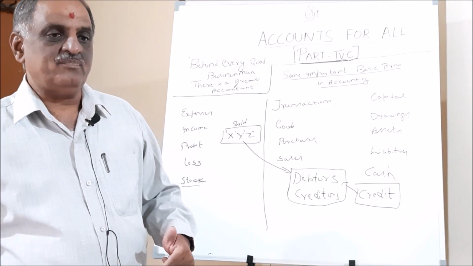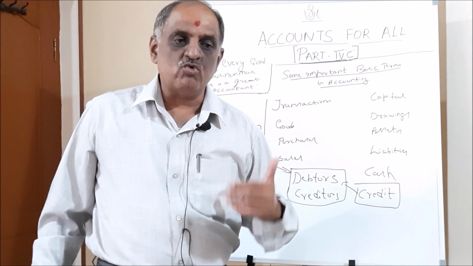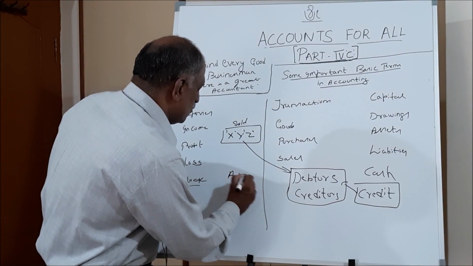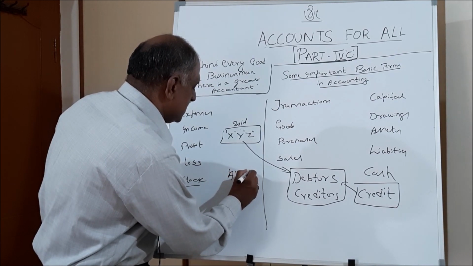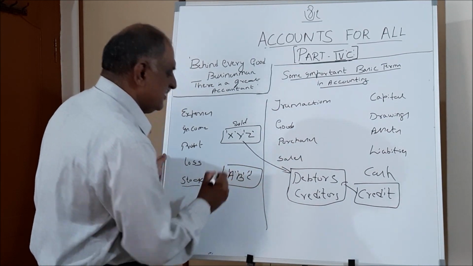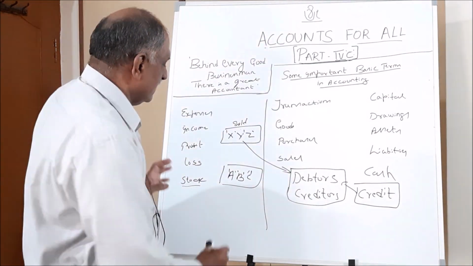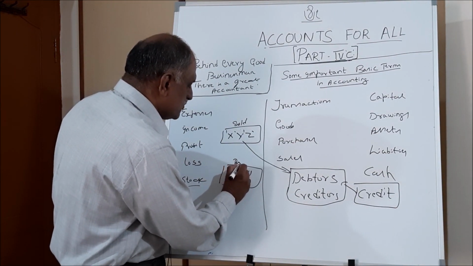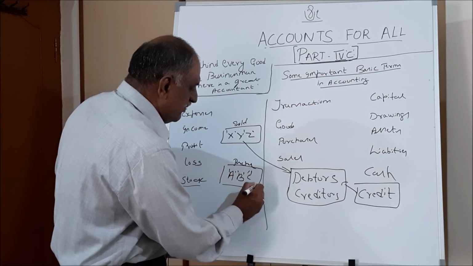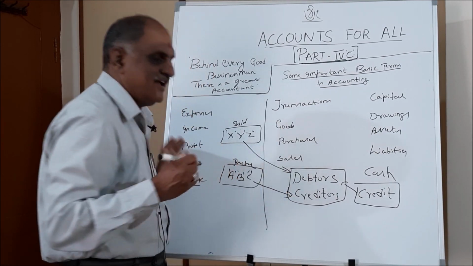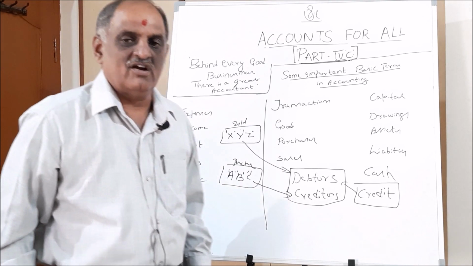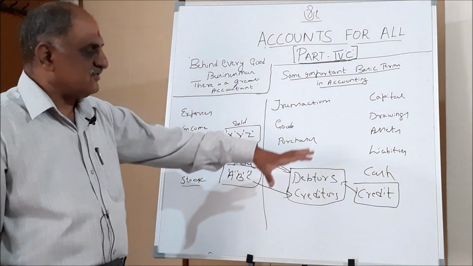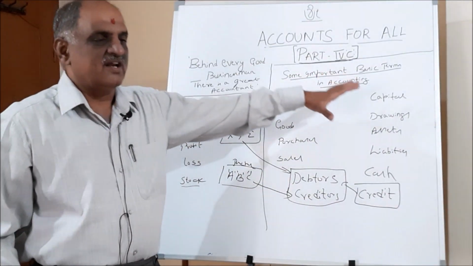At the same time, when I purchase goods from A, B, C on credit, then A, B, C will be called creditors. That means the transactions are very simple.